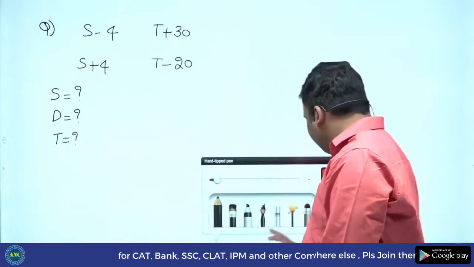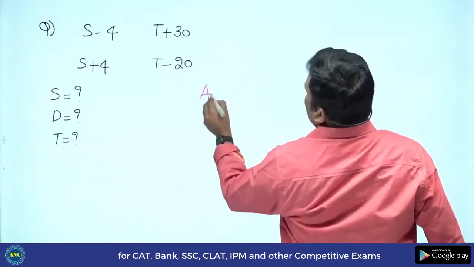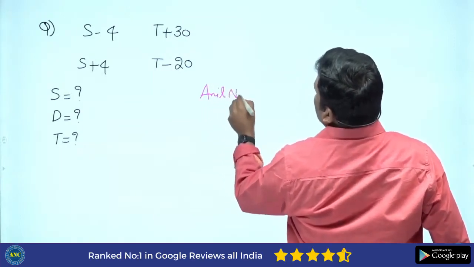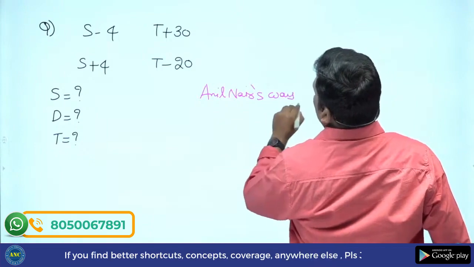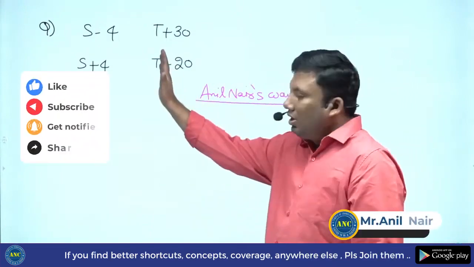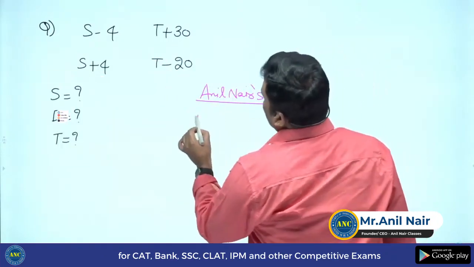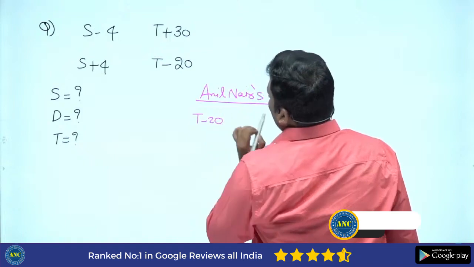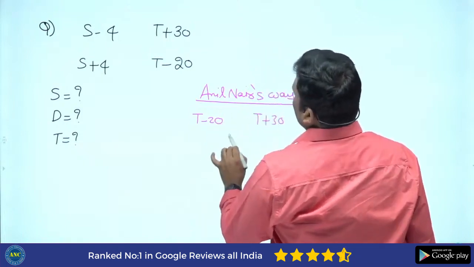When I saw this question, I thought of it from an alligation point of view. What is the lowest time? On time is 20 minutes less, T minus 20. What is the highest time? It is 30 minutes late.